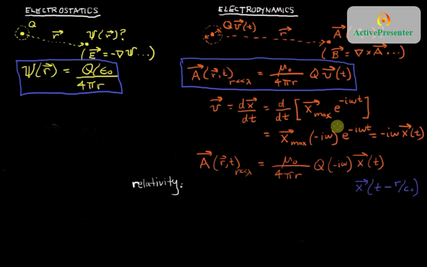Well, the motion x is given by what's in these brackets here. It's x max, the maximum displacement, and then it's e to the minus i omega t. Well, now we're going to plug in a specific value for time, e to the minus i omega times t minus r over c naught.